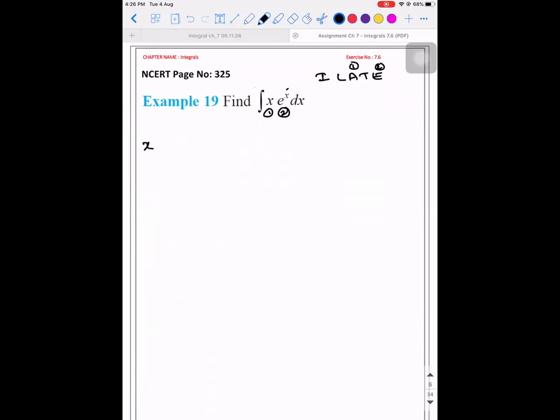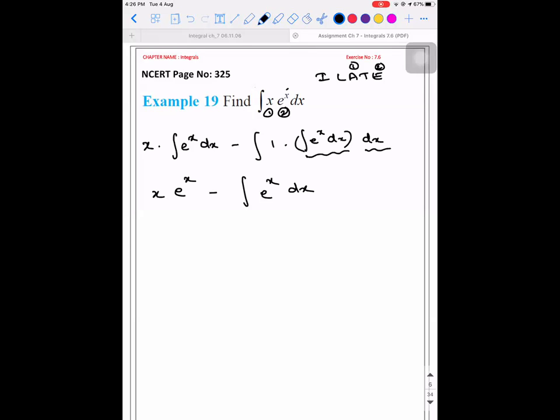First function into integral of second function minus integral of derivative of first function into integral of second function. This whole thing integral with respect to x. So x into the integral of e power x is e power x, minus integral of, the integral of e power x is again e power x, and you have a dx outside. So x into e power x minus e power x plus c.